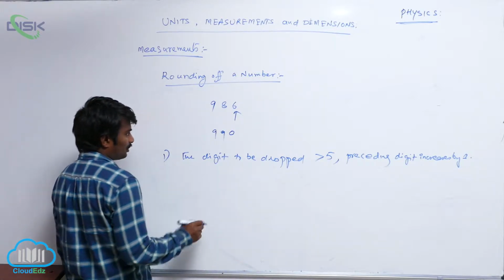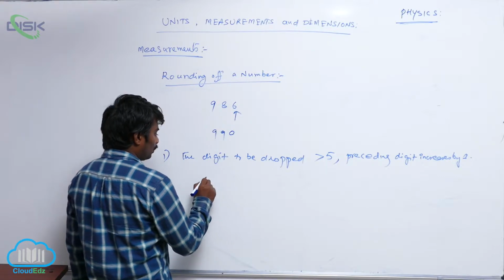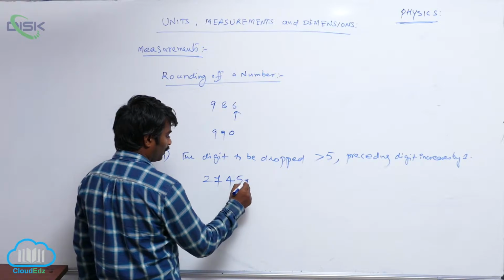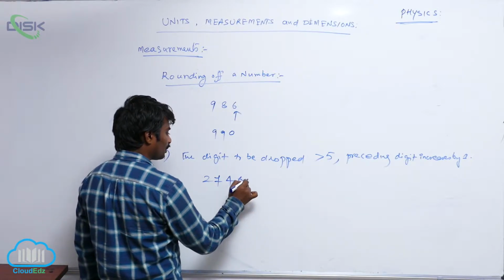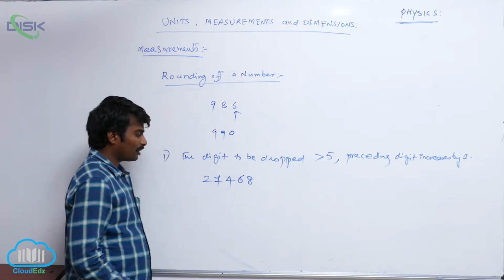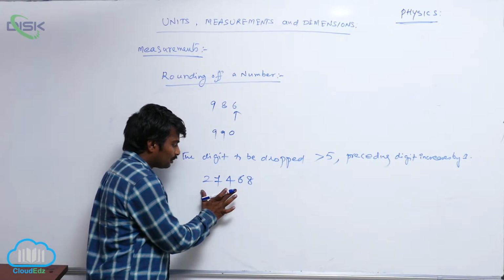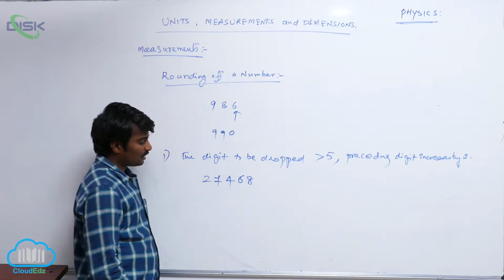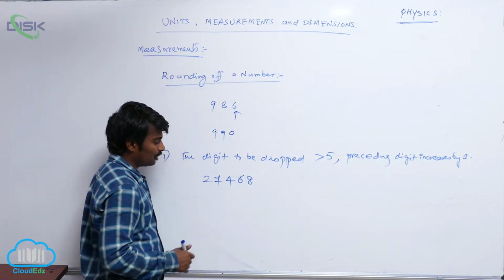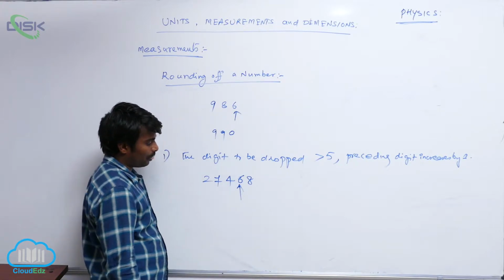Suppose it is like this, 2 7 4 5 4 6 8. I want to round off this number to 3 significant figures. 3 significant figures means 2 7 4 only I want to have. So I have to drop this 6.